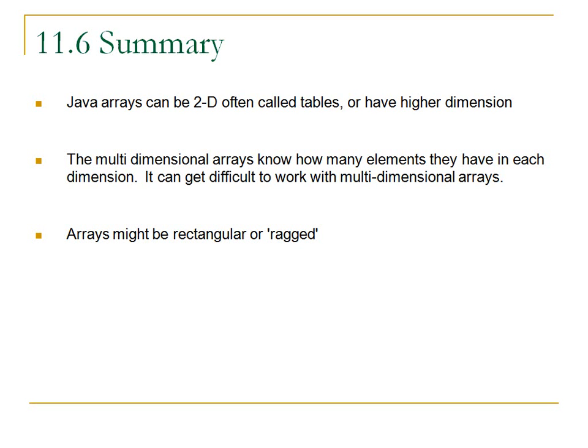So they know how many rows they have, and they know how many elements there are in each row. So when you're accessing multi-dimensional arrays, you ask them how big they are. You don't put in constants. That prevents you from accidentally going over the end of the array. And we also have looked at ragged arrays in here, which are useful if you need them, if you've got data that has an unusual shape.